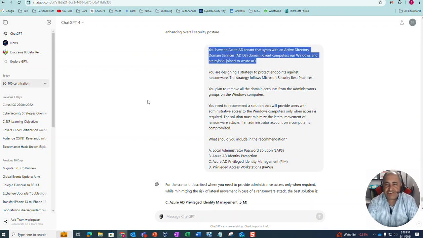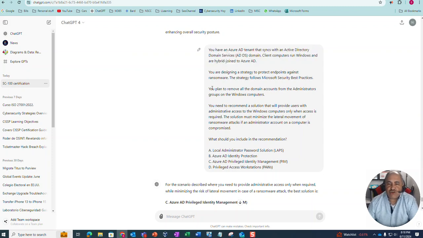You have an Azure AD tenant that syncs with an Azure Active Directory Domain Services (AD DS) domain. Client computers run Windows and are hybrid joined to Azure AD. You are designing a strategy to protect endpoints against ransomware. The strategy follows the Microsoft security best practices.